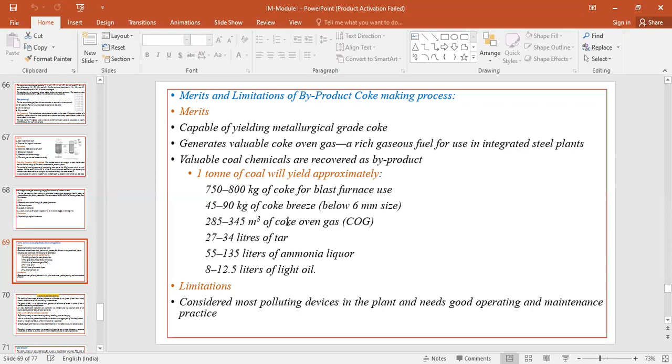We'll stop here. Next class we will see what testings we need to do for the coke. Till now we have discussed two methods of the coke making process: one is the non-recovery coke oven process, the other is the byproduct coke oven process.